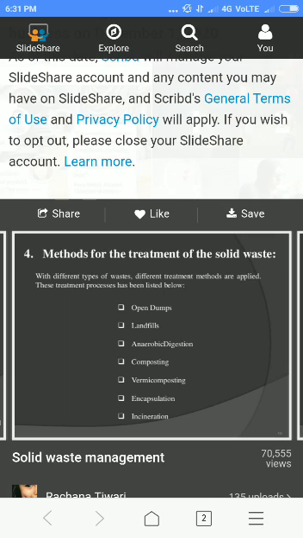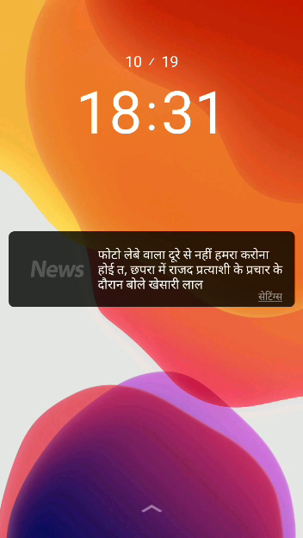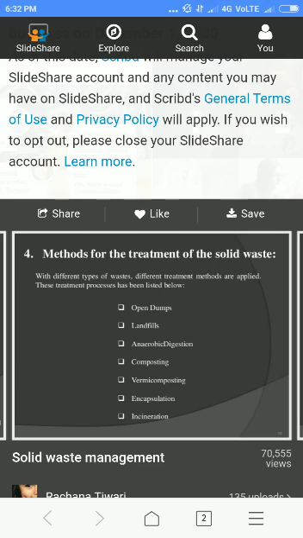Then next, determine the potential health hazard from waste. Exactly what kinds of effects would be produced by this waste on humans, animals as well as on plants. Then determine the volume of waste generated. Exactly in how much quantity that waste is produced.